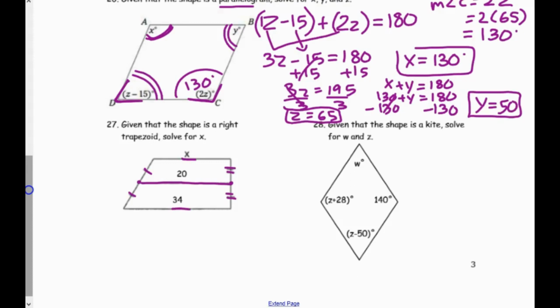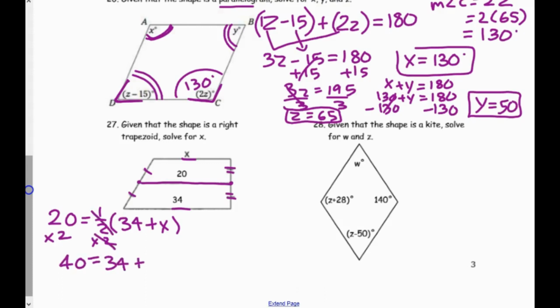So the way we would set it up is the mid-segment, 20, equals 1/2, and then we would add up the outsides, 34 plus x, okay? So, to get rid of the half, I would do times 2, times 2, 40 equals 34 plus x.